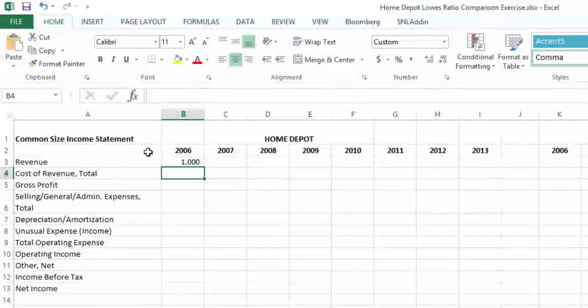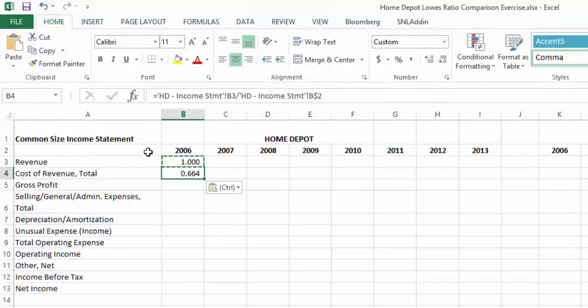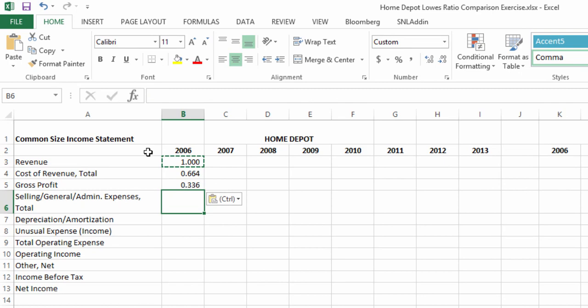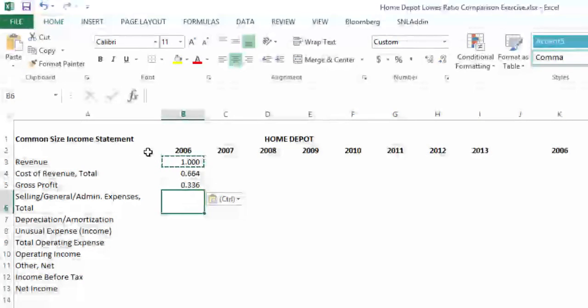So when we divide revenue by revenue, we're going to get 1. But if I copy this down, this is where it starts to become a little more handy. I can see that my cost of revenue, or the cost of goods, in 2006 was 66% of sales. And my gross profits were the residual, so 33.6% of sales went to the gross profit number.